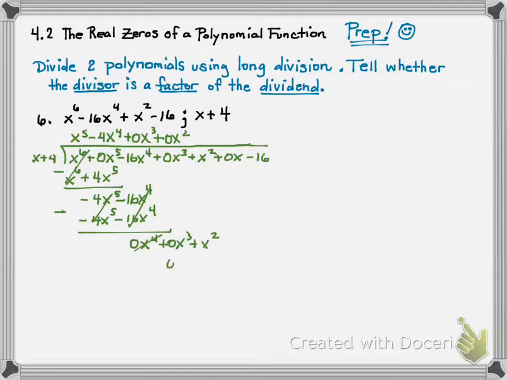That would give me my 0x cubed, right? Plus 0 if you distribute it. So again, there's nothing here. Those go away automatically. But I do have this x squared, and I bring down my 0x.